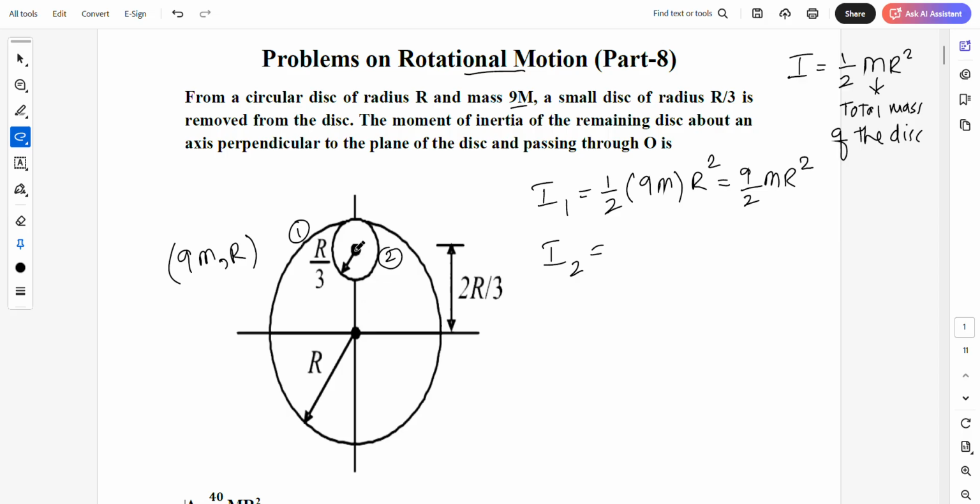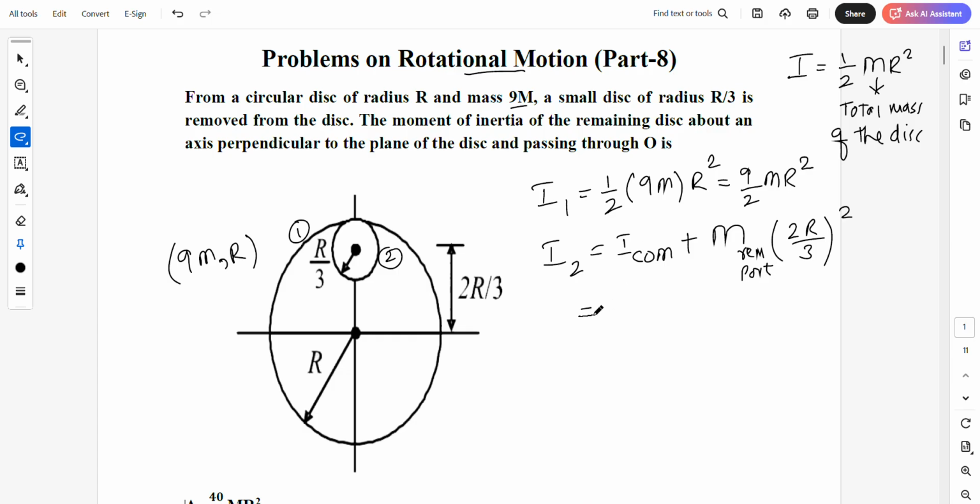By using the parallel axis theorem, I can write I2 is equal to ICOM plus mass into the distance from this point to this point, that is 2r by 3 the whole square, and this is the mass of the removed portion.